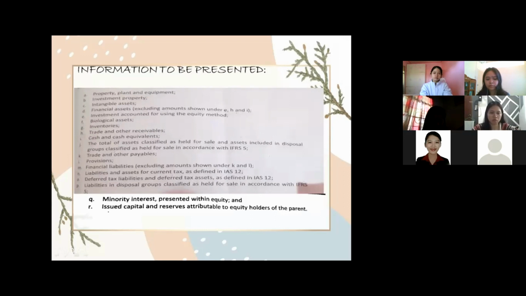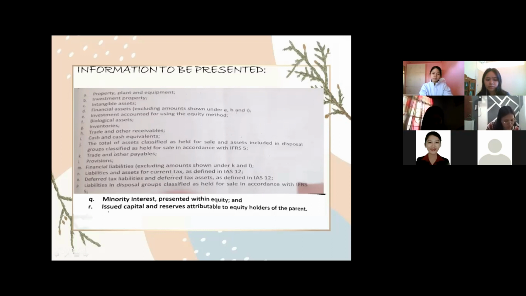Ayan. Information to be presented sa statement of financial position. A. Property, plant, and equipment. B. Investment property. C. Intangible asset. D. Financial asset excluding amount shown under E, H, and I. E. Investment accounted for using the equity method.